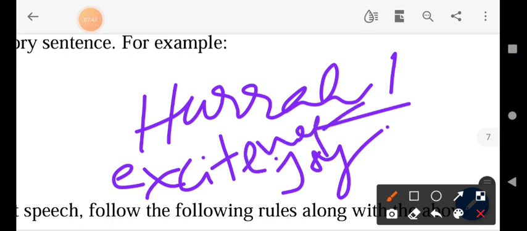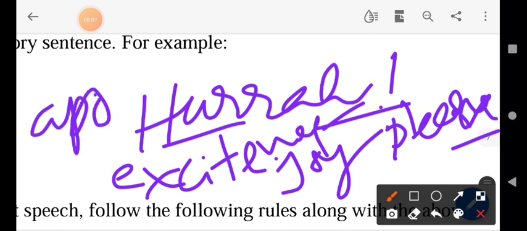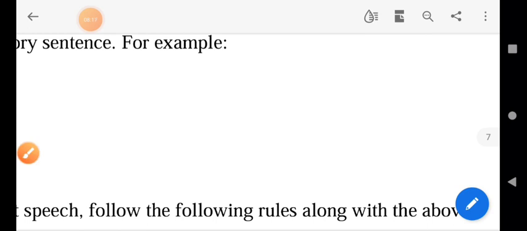Hurrah is an interjection word with an exclamation mark. The expression of pleasure. Pleasure means happiness. And approval, A-P-P-R-O-V-A-L. These are the expressions of the interjection word hurrah. You should understand the meaning of that word, that language expression.